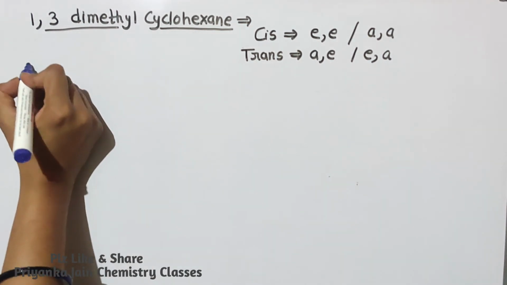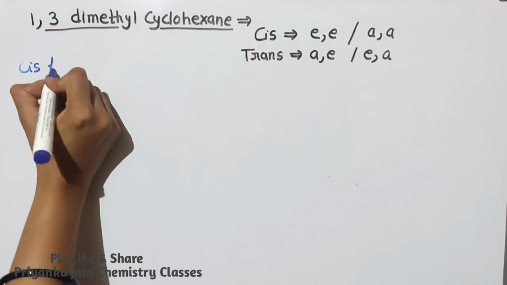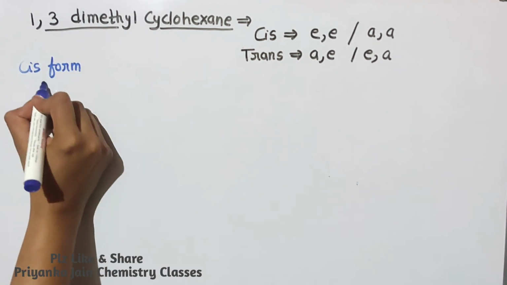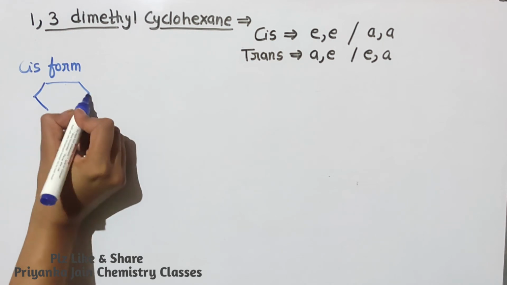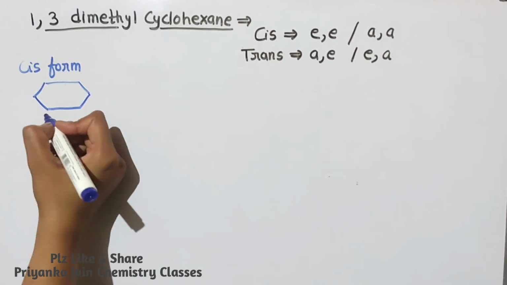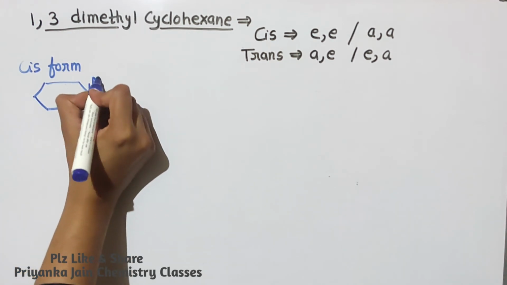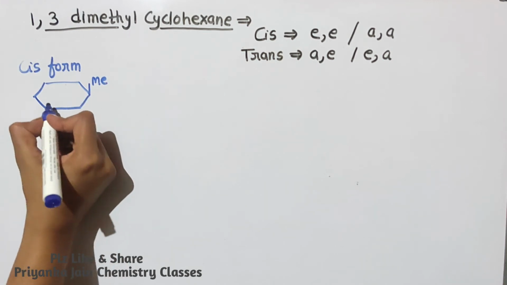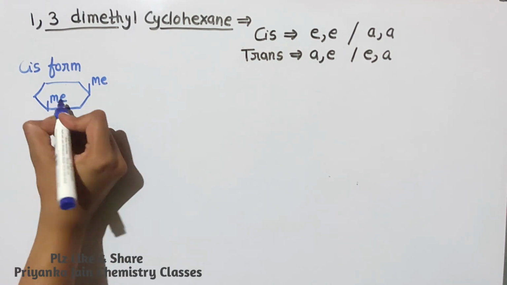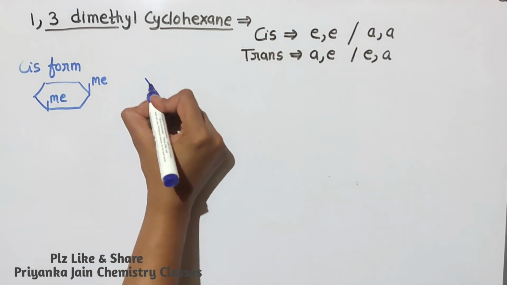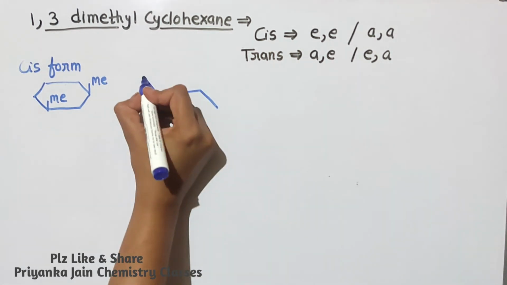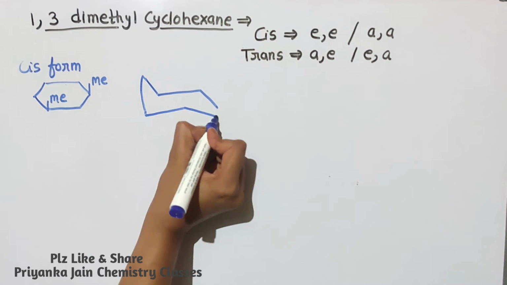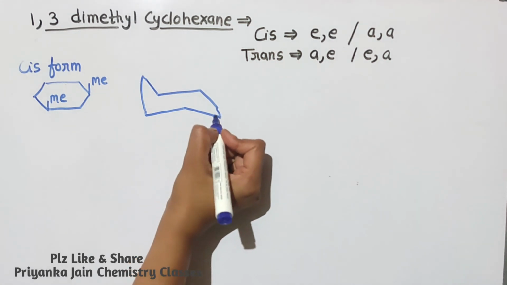So firstly see for the cis form. In cis form, the normal structure in which this is the 1 position and at the 3 position, the methyl will be like this. Okay, if we are making it in the chair form, then you have to make in this manner. Okay, so this is the 1 position.